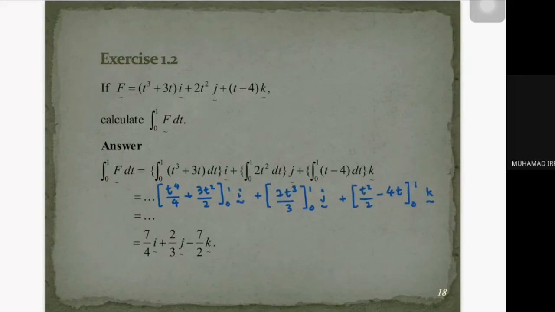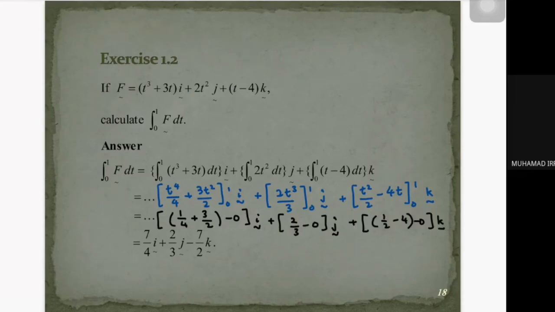Then substitute: 1 over 4 plus 3 over 2 minus 0, and 2 over 3 minus 0. So you will get 7 over 4 for the first component, and then 2 over 3 j, and minus 7 over 2. So this will be your correct answer.